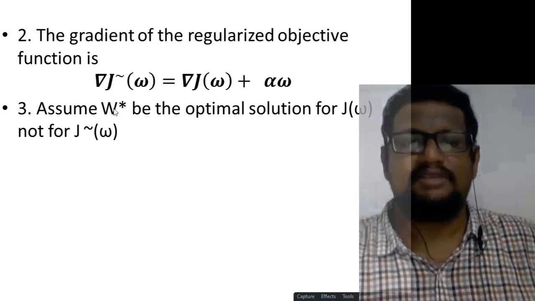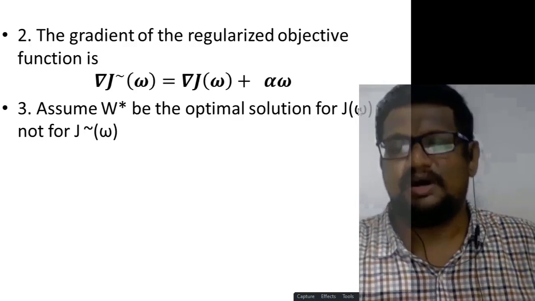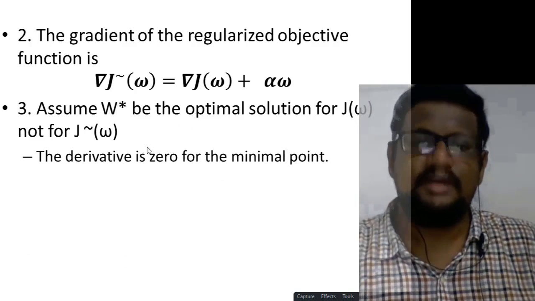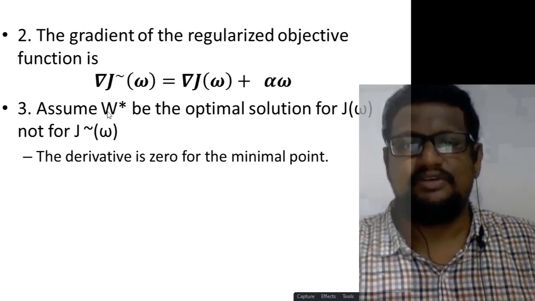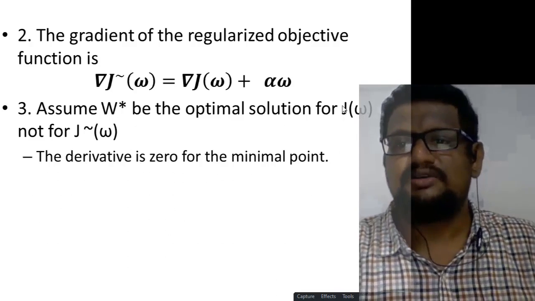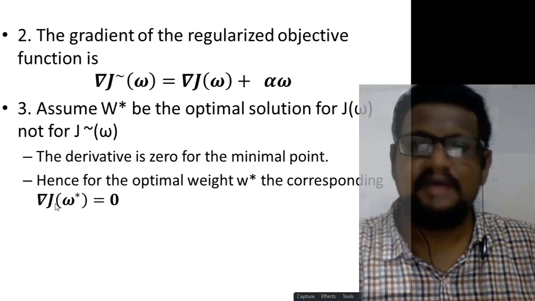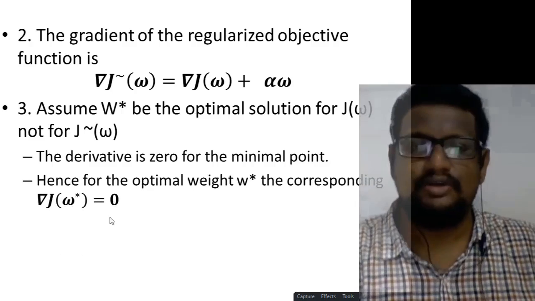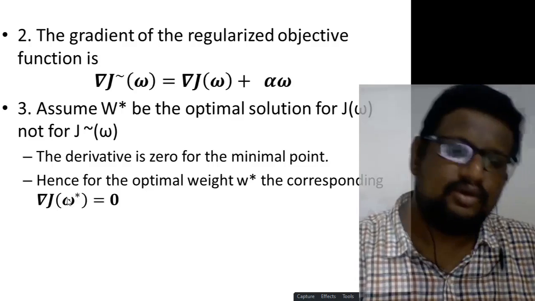That means when you substitute omega star here, then del J of omega will be minimum or 0. The derivative is 0 at the minimal point. So del J of omega star should be equal to 0, when omega is equal to omega star.